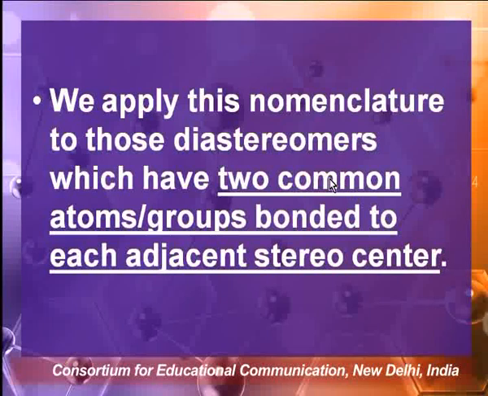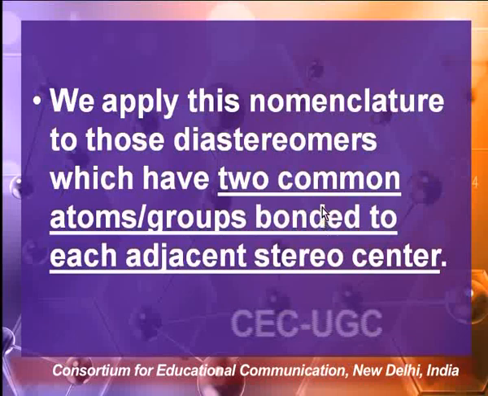So we apply this nomenclature, that is of erythro and threo, to those diastereomers which have two common atoms or groups bonded to each adjacent stereocenter.